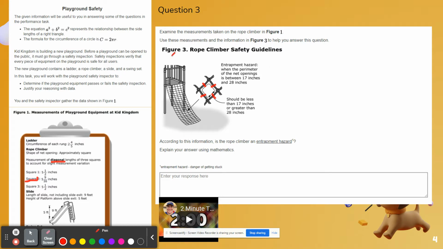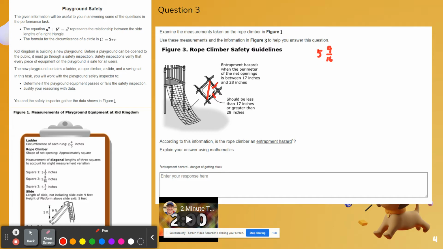So it gives you Pythagorean theorem. Here's why. This diagonal here is 5 and 9/16. These two sides are the same.